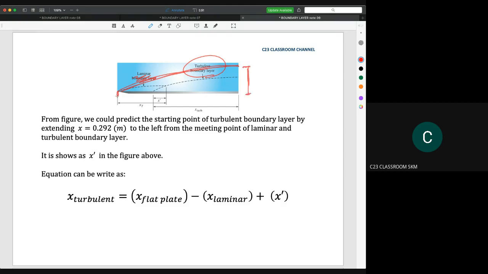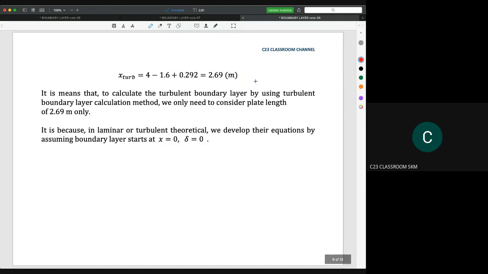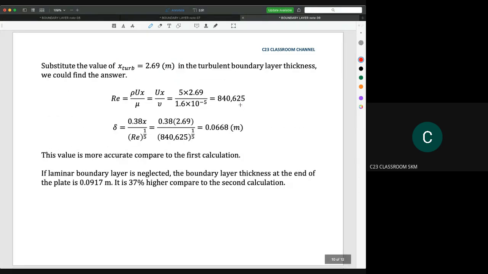But if we assume that turbulence only occurs from this starting point, the boundary layer thickness is a little bit thinner. So the value of delta can be calculated using the turbulent boundary layer, but we use the length of the turbulent boundary layer only, 2.69.